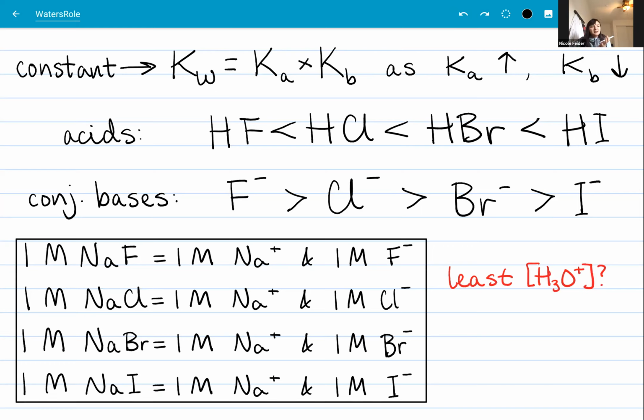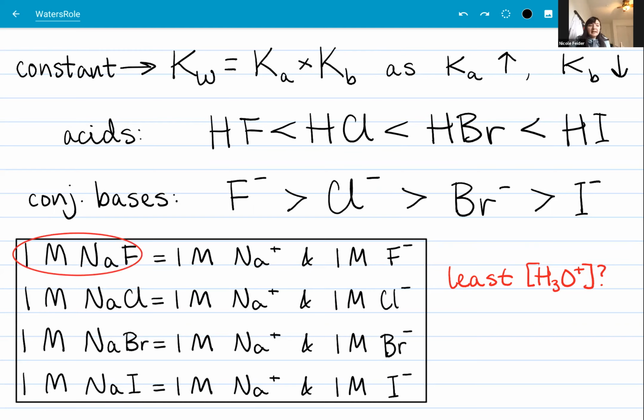We can rationalize through this one by recalling that the pure water that these salts were dissolved in had some H3O+ and OH- in it to begin with, and that the strongest base will want very badly to take the protons from existing H3O+ or H2O. So the strongest base will result in the lowest amount of H3O+ left, which is F- from the NaF solution.